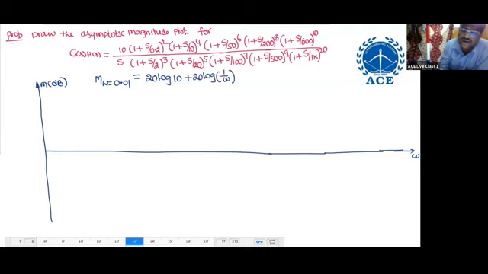What is the omega value? 0.01. Then 20 log 10 means 20, plus 20 log 100, which is 40. That means I'll get 60 dB. At 0.01 I should start with 60.